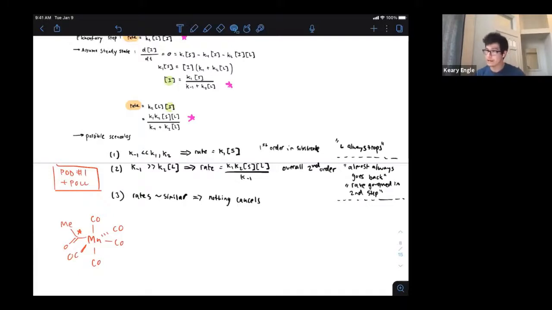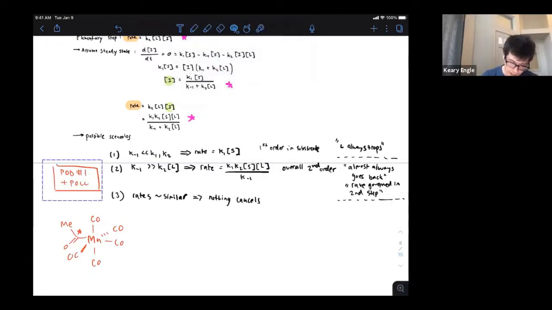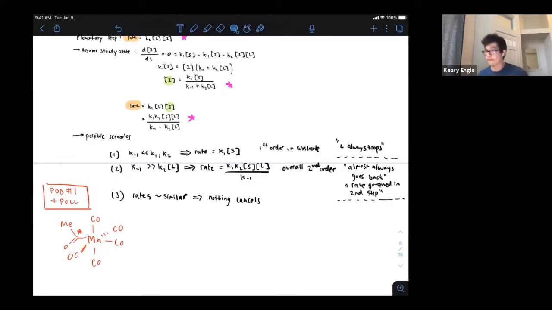Two, even in individual elementary steps, there can be this level of complexity. And when you think about catalytic processes, you not only need to zero in on what step is turnover limiting or rate limiting, but within that step, there are these different potential scenarios. So that creates quite a bit of complexity, which makes it both fun and challenging.